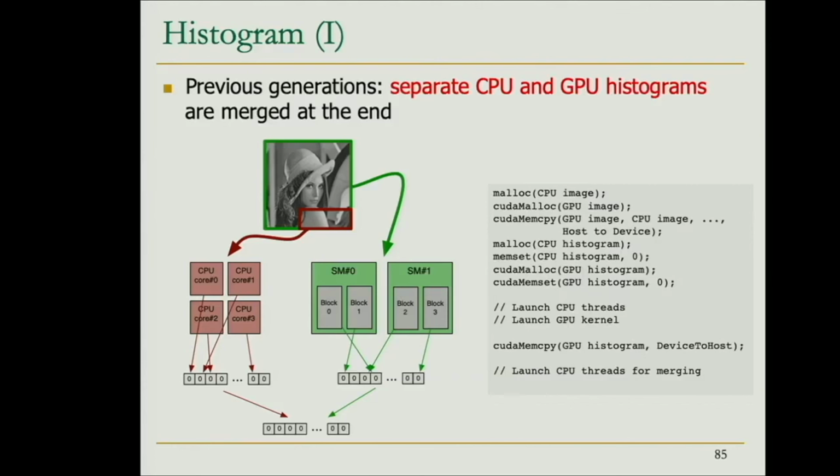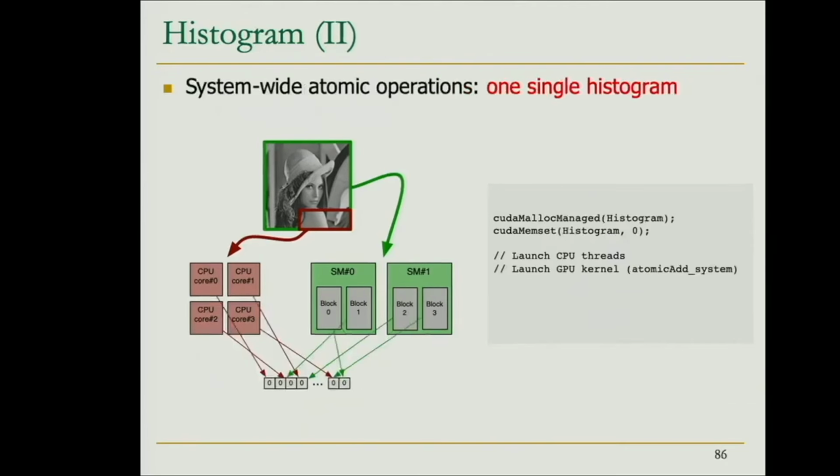This can be fine, but it's a little more complex to program. It could be much easier if they both share the same histogram in the unified memory, and threads from these SMs and from these CPU cores directly update this histogram. Don't ask me if this is efficient or not.